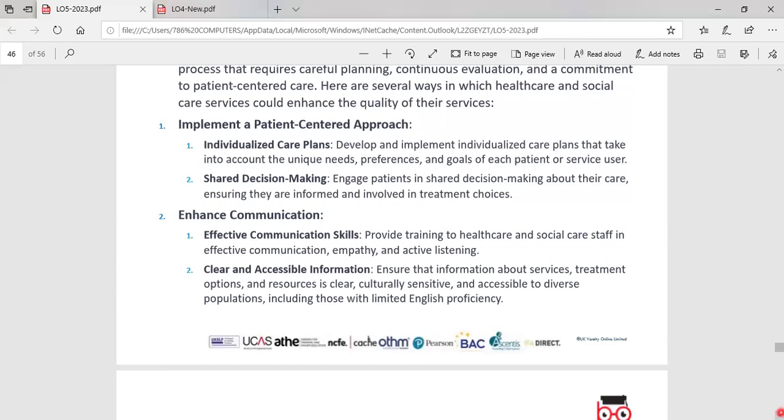Clear and accessible information. If there's information, always make sure that it's very clear and succinct. People don't have to go through too much. So when you're writing reports or summaries, they should not require too much jargon. If you're trying to communicate with the general public, they would not consider a one-pager document so effective.